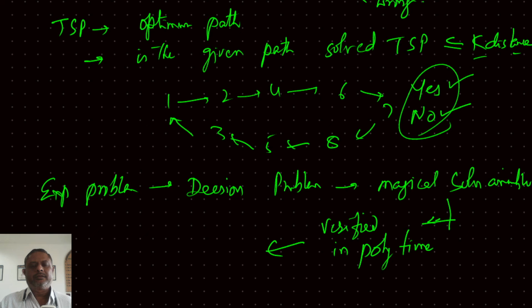Then such a problem we call NP, where N stands for non, and P definitely is not polynomial here. N stands for non-deterministic polynomial algorithm.